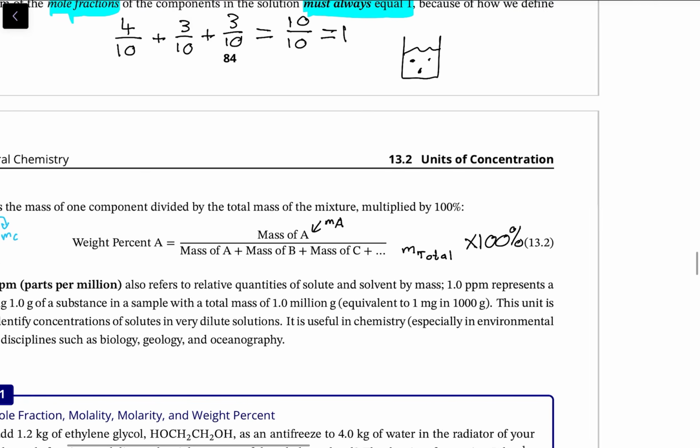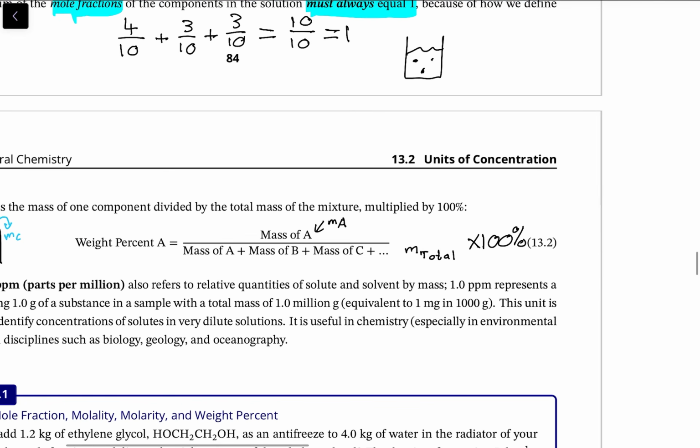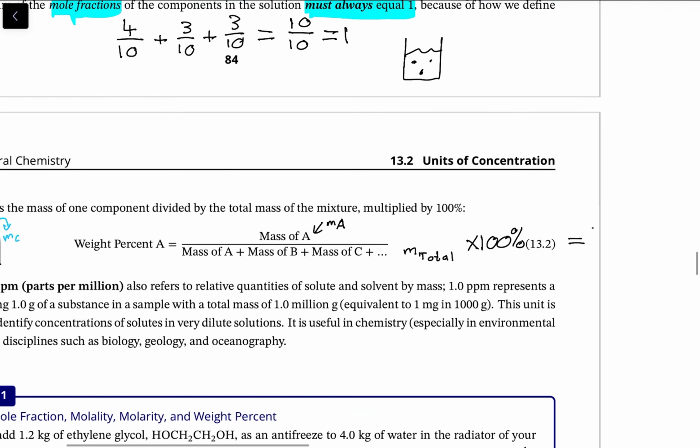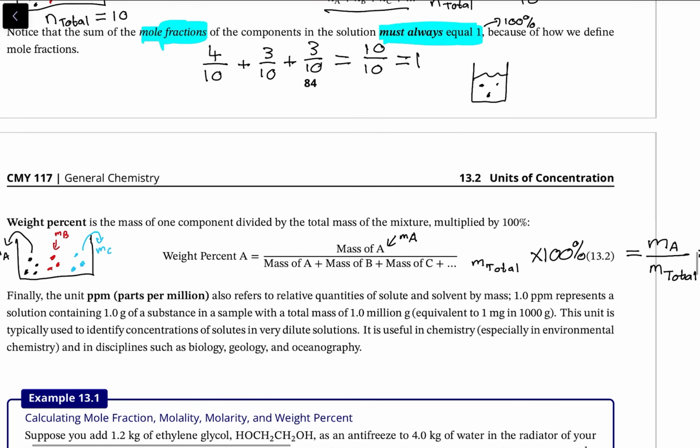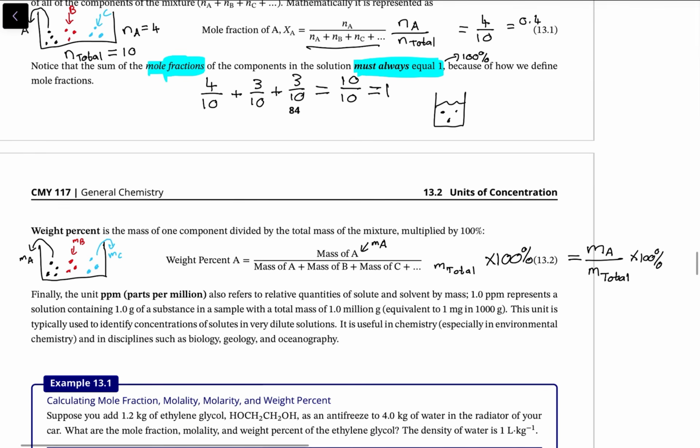So ultimately the equation should read M_A divided by M_total, multiplied by 100%. That then gives you the weight percentage of A. Differently put, what is the percentage mass of component A in the total mass?